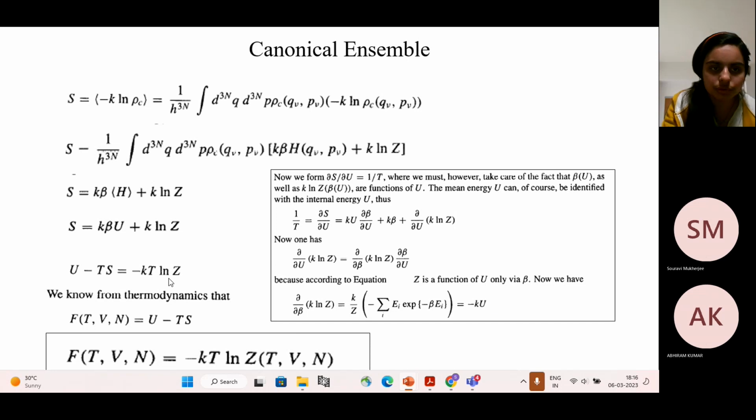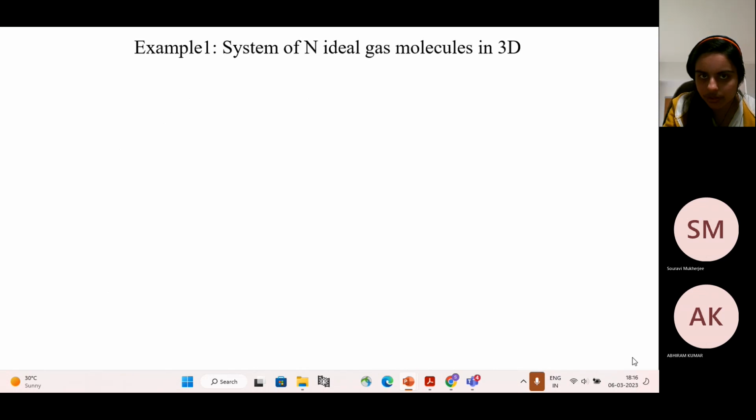You don't have to go through the entire process of finding S, finding T, P, and all the parameters, and then using the relation. You can do that, but you can also do this. So this will directly give you the value of the average internal energy. So this is the relation that you can use.